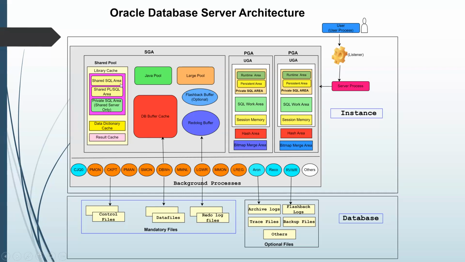So what does Oracle do in that case? Oracle has to apply that least recently used algorithm and free up some space by purging some of the older SQL statements which are not being used again and again.